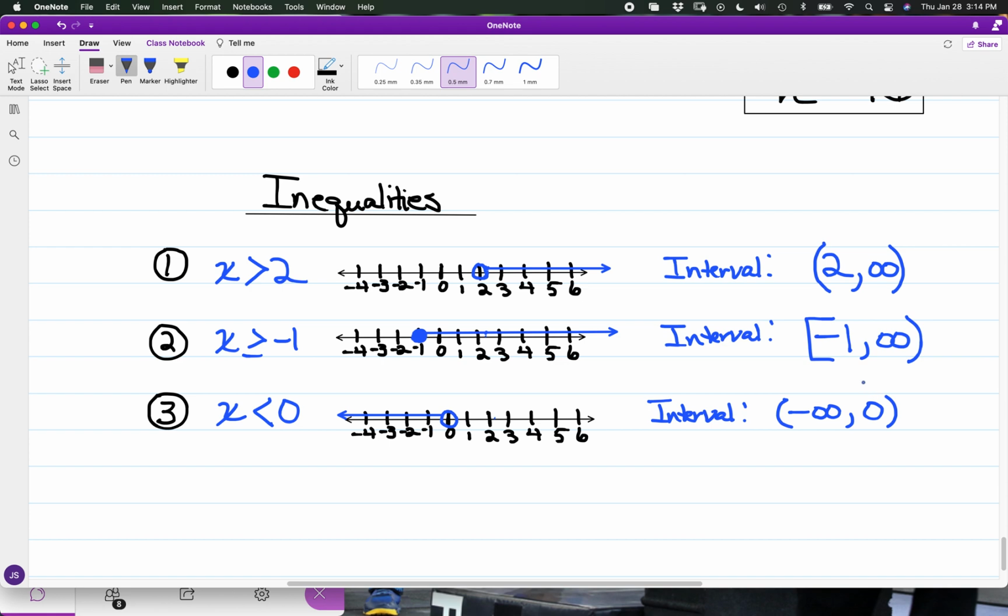And let's say for the remaining one-direction inequality, I have that x is less than or equal to 5.